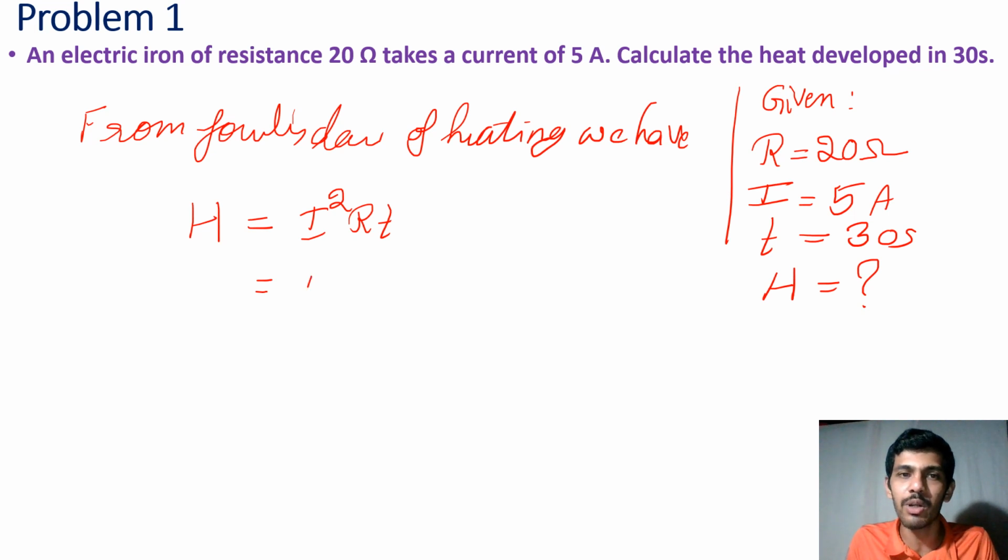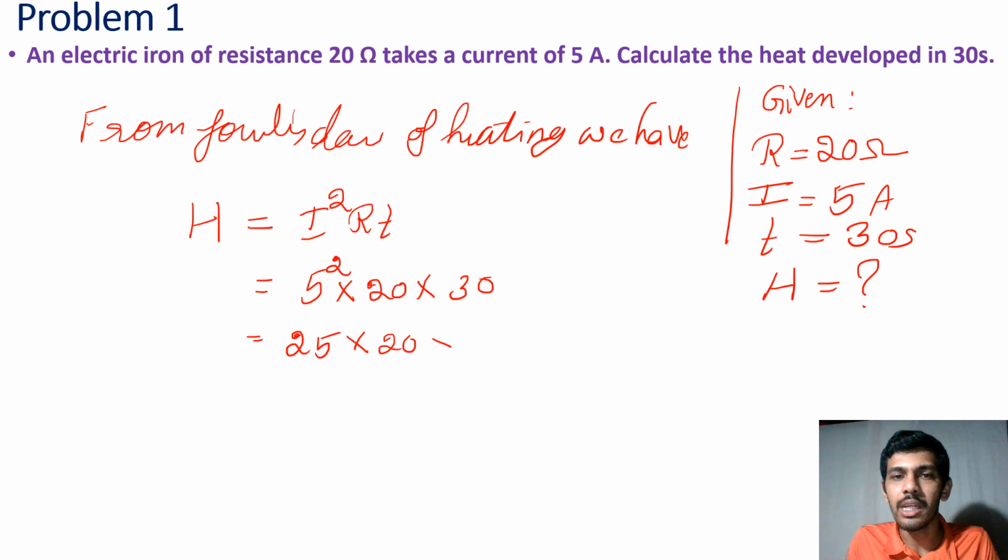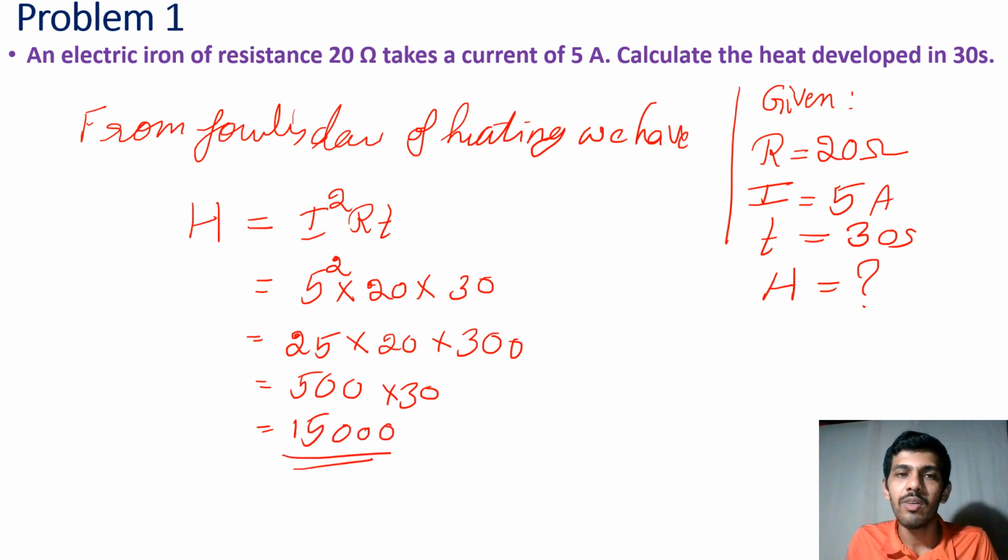I is 5 squared, R is 20, t is 30. That is 25 into 20 into 30. 25 into 20 is 500. 500 into 30 is 15,000. That much is the heat energy. The unit should be joules, so 15,000 joules, which can also be written as 15 kilojoules.